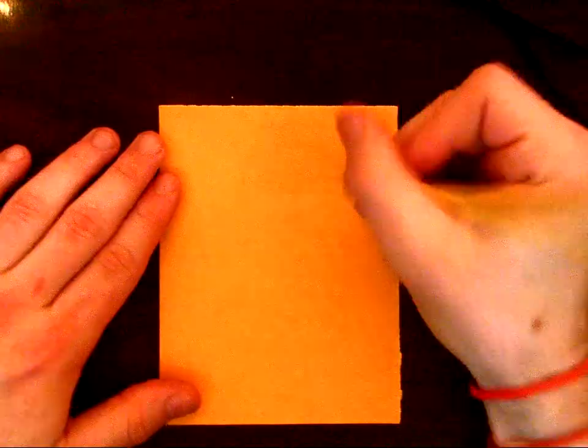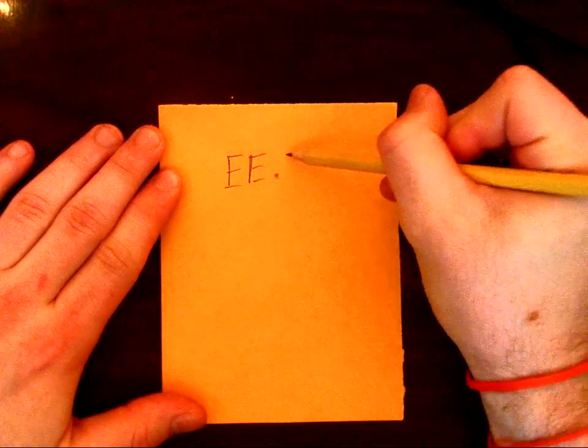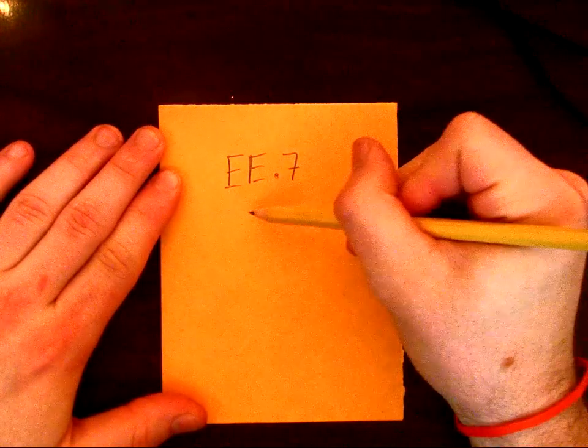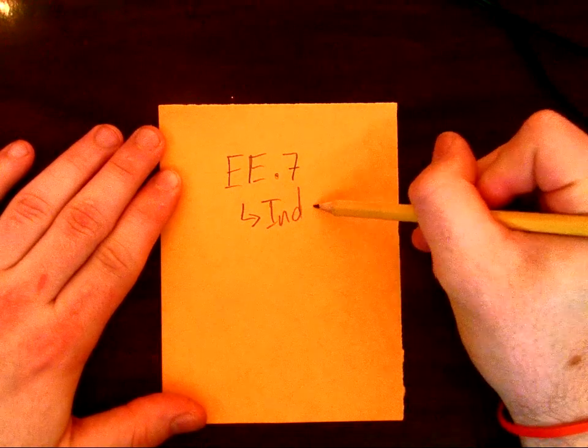Lastly, once you finish that up, I want you to do a little bit of practice on these two sections. It's EE7, and that's just saying, is it independent versus dependent?